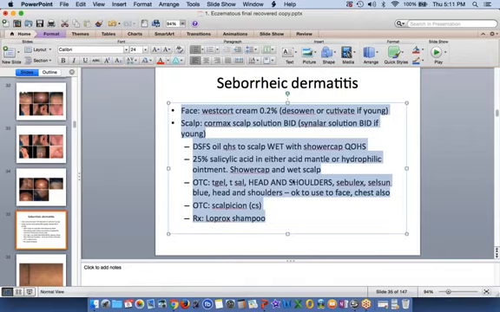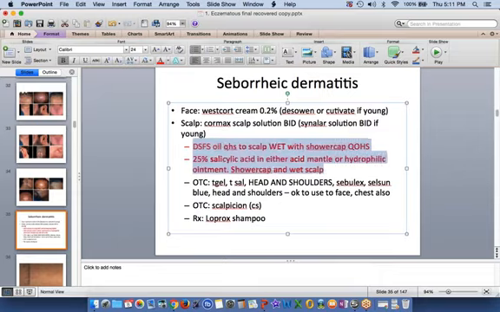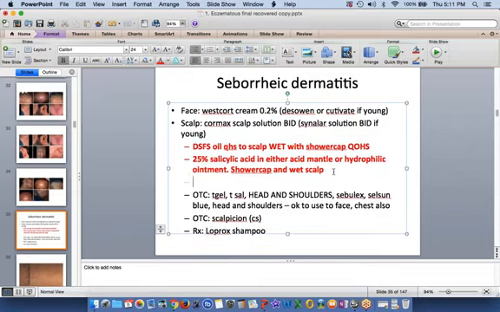Because what I want you to know is that even though you're doing this treatment, which is very, very nice and very important, during the day, the patients put on either clobetasol solution, which is class 1, or fluocinolone 0.05% solution, which is a class 2, twice a day on the scalp.